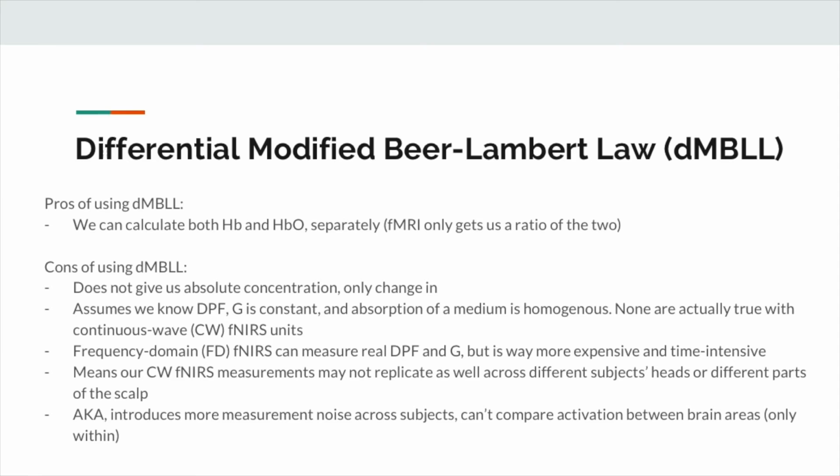And so it's kind of passing through lots of different wavelengths at once. And because you have all those different wavelengths and all the different ways that the light will slightly differently travel through the brain because of those wavelengths, then you can actually calculate the differential path length factor and the geometry dependent factor. But that's a way more expensive machine to get.